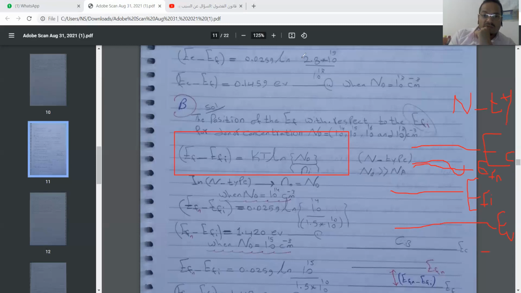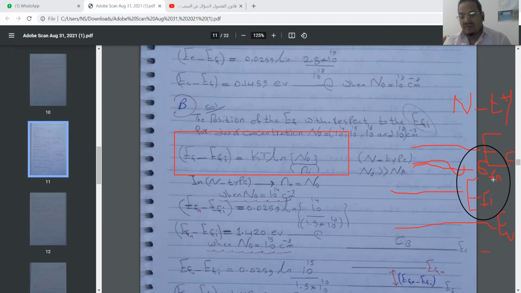Let me use another rank. You can calculate the result between these two elements, EFN minus EFI. We will start from the upper one.